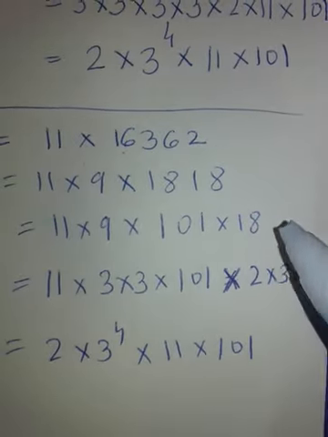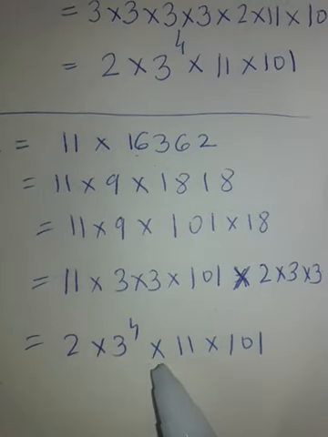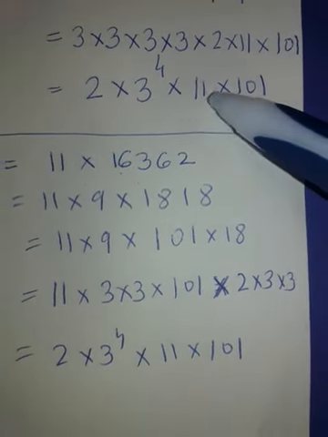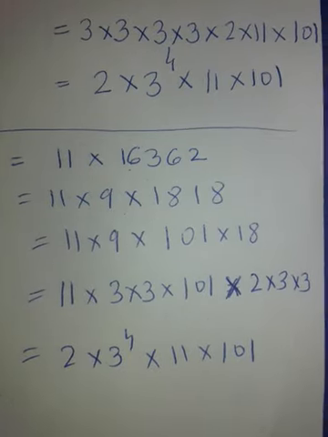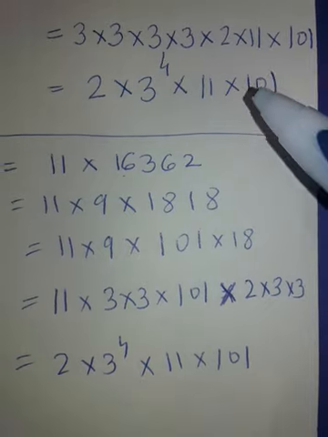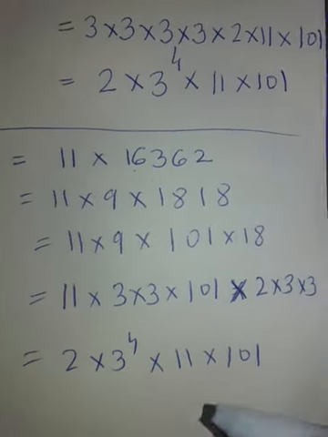This is prime, but 18 is factorized as 2 into 3 into 3. So my factors are ready. This and this. Factors won't change. The only change is we applied different divisibility tests. You can apply whatever divisibility tests you want, but your last line should be same. Your factors should be same.